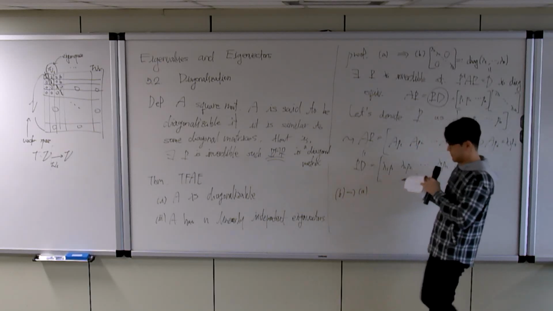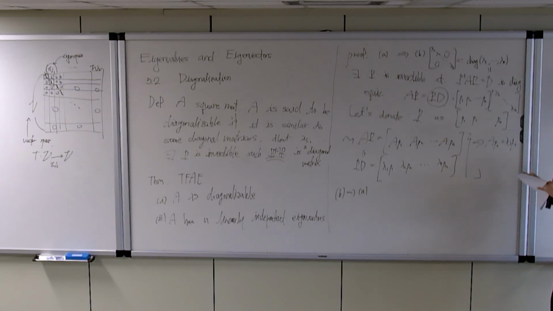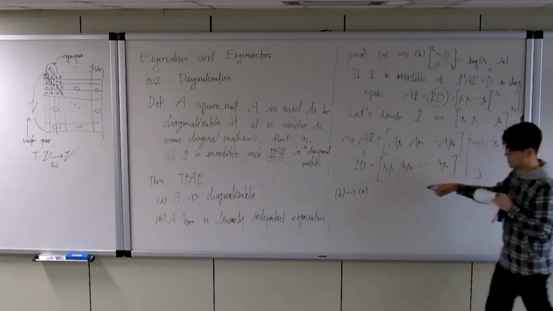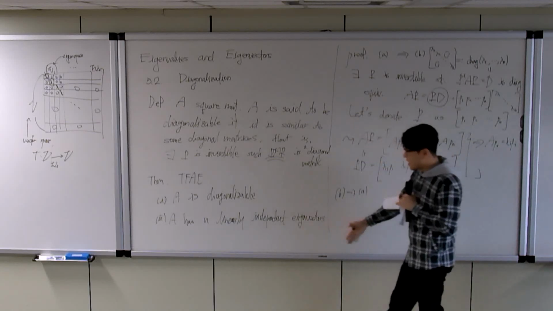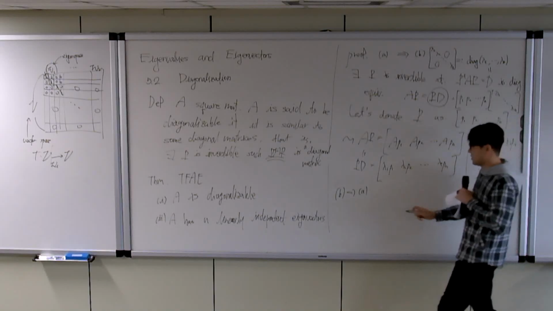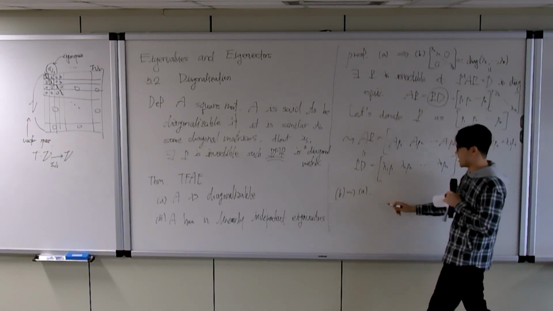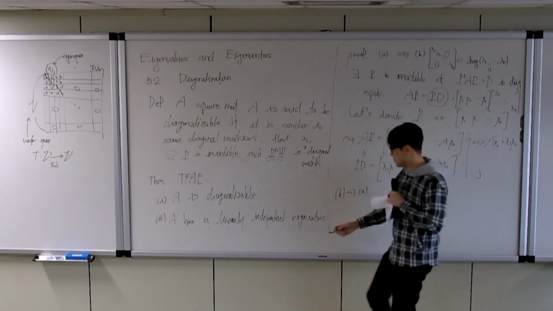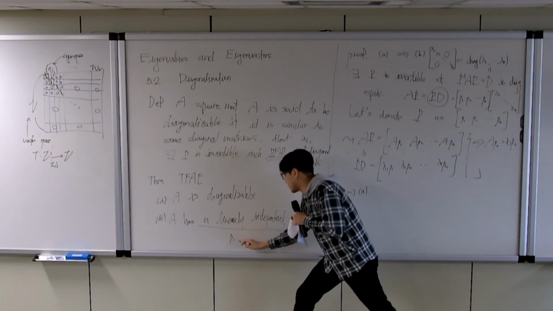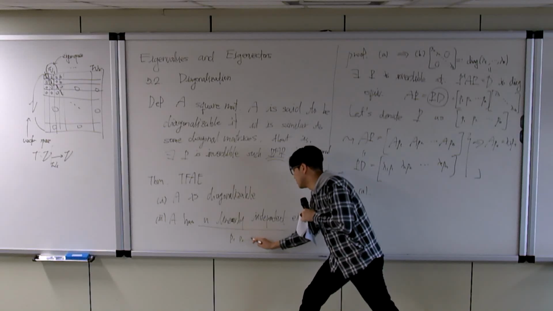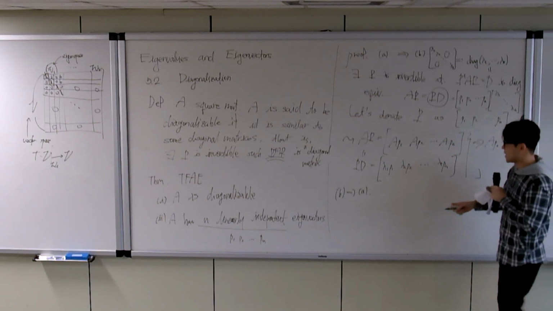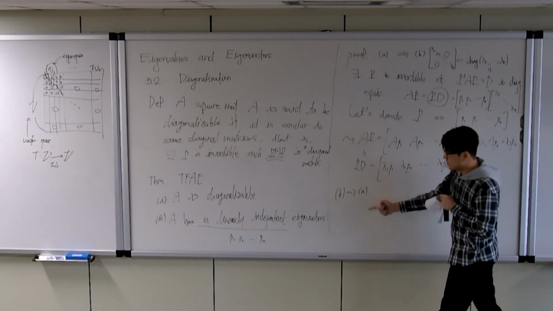So we can write it as lambda 1 P1, lambda 2 P2, lambda n Pn, and it means it can be written using a diagonal matrix D, defining the diagonal matrix with lambda 1 to lambda n.